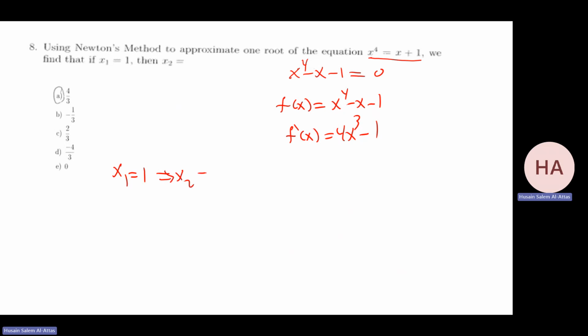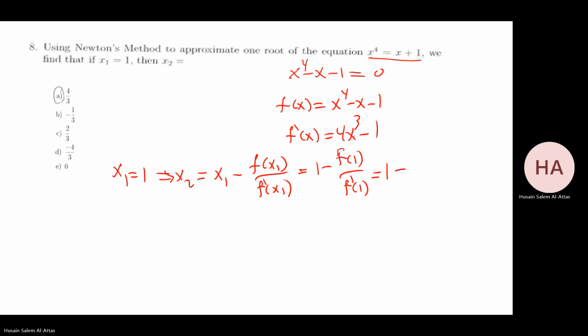That implies x2 is x1 minus f of x1 over f prime at x1, which is 1 minus f of 1 over f prime at 1. f of 1 is 1 minus 1 minus 1, and f prime of 1 is 4 minus 1, 3. So it will be 1 plus 1 over 3, which is 4 over 3, which is this.